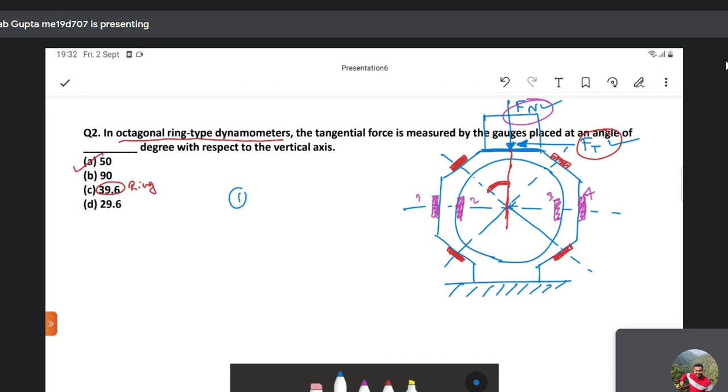So one, it should be sensitive. Now the thing is, you need to place the strain gauges such that they record the values without getting damaged or getting unstable.